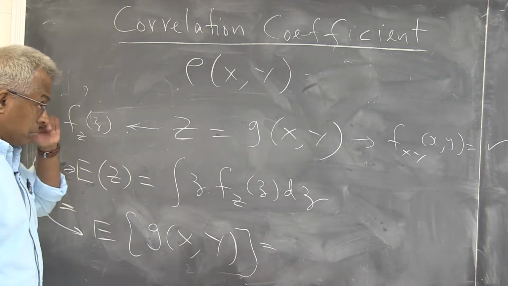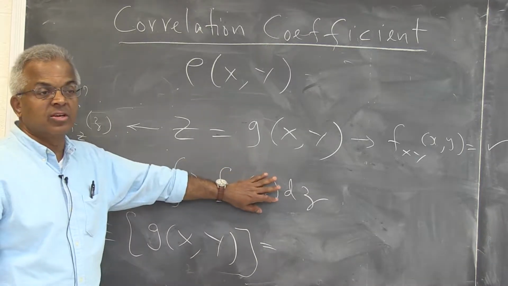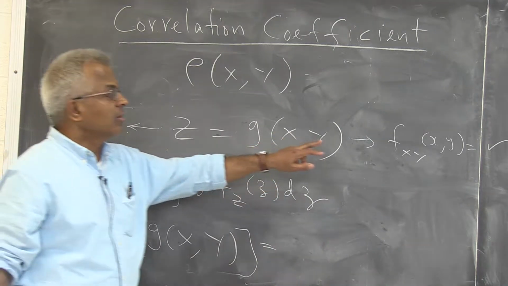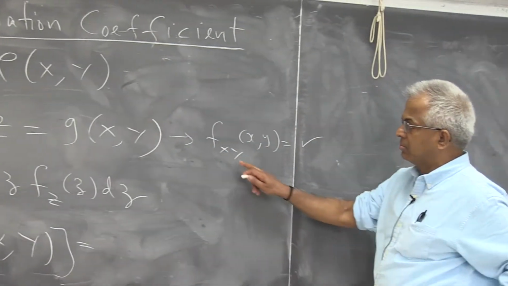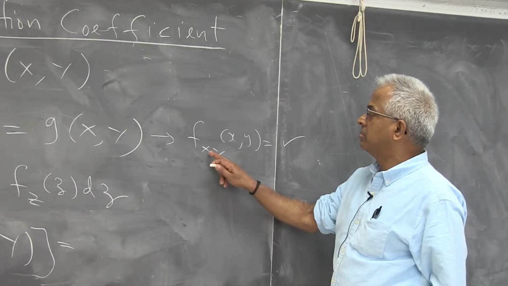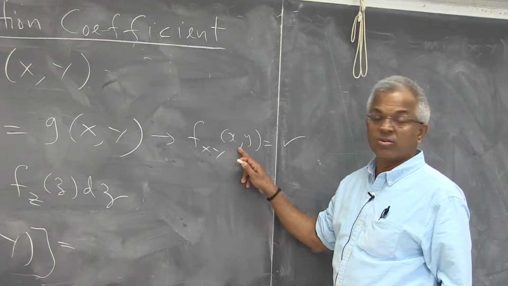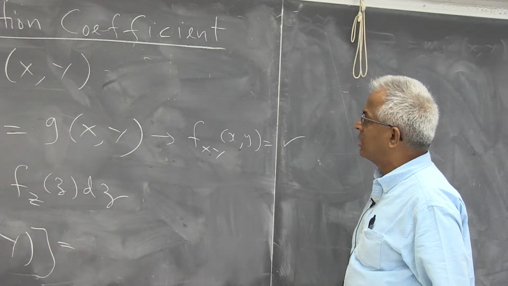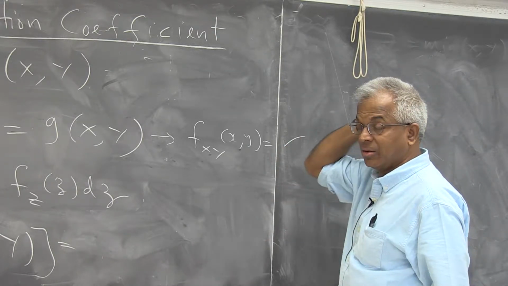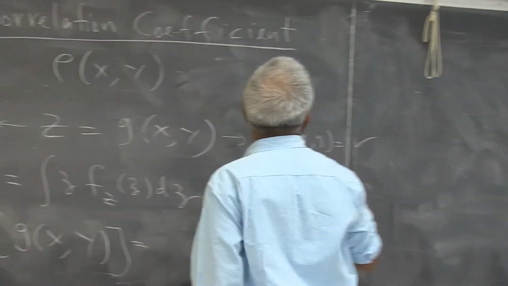This number could be expressed in terms of the density function of z, or in terms of the joint density function of x and y. The argument is very similar to what we had in the one random variable case.